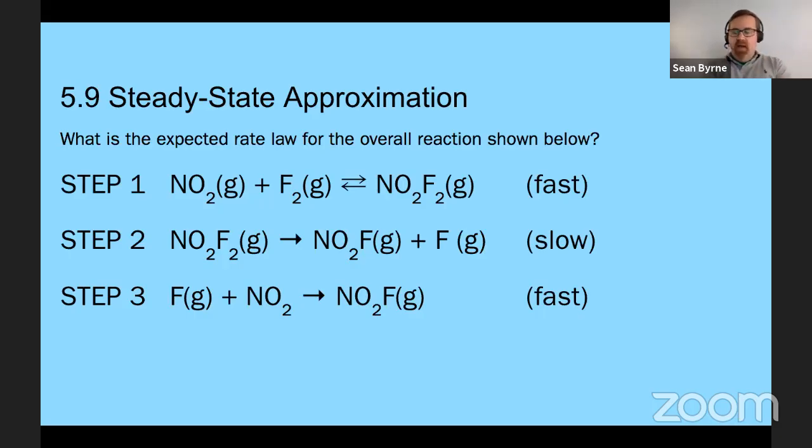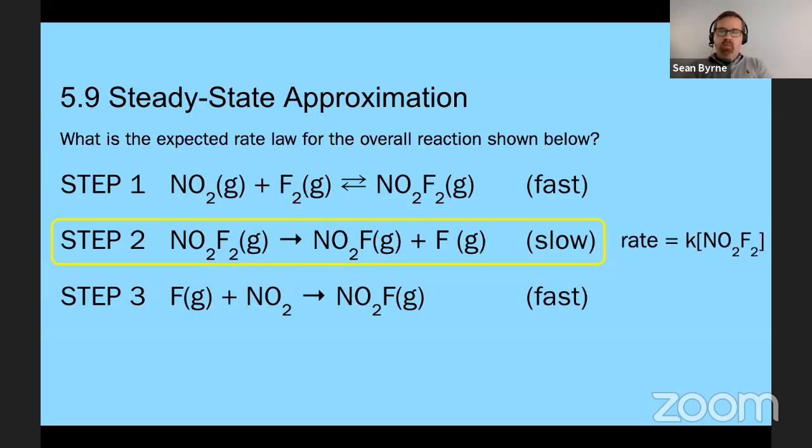I would suspect that many of you would notice that this second step is a slow step. And so you would write a rate that says the rate is equal to k times the concentration of NO2F2. Now, there's a little bit of a problem with that.